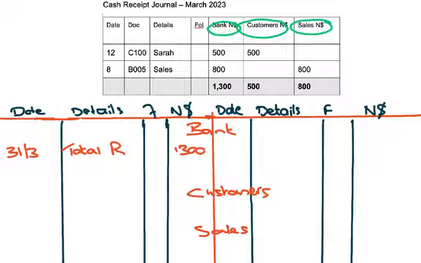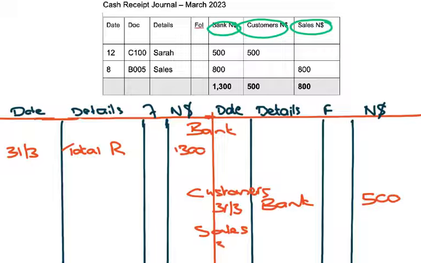Then if I go to my customers, my customer is a form of an asset which increases on the debit side. But since my customer made a payment, he owes us less than yesterday, so we will decrease, and we will do the decrease on the credit side. My contra account, or the double entry, is in the bank, and I have my date.